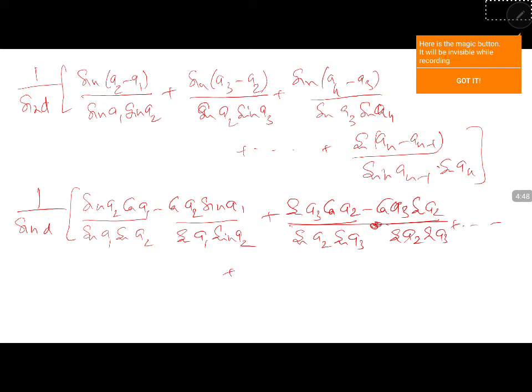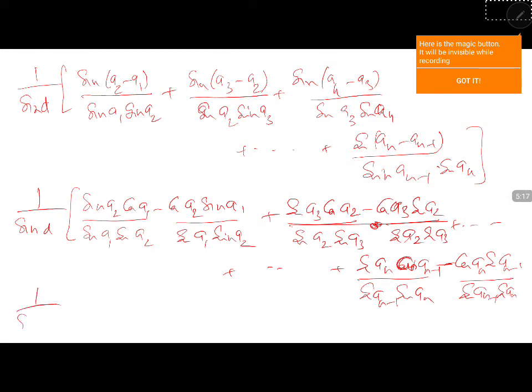It goes on like this and finally I will write sin AN cos A(N minus 1) minus cos AN sin A(N minus 1), divided by sin A(N minus 1) sin AN.